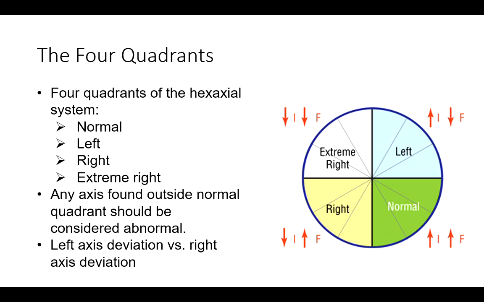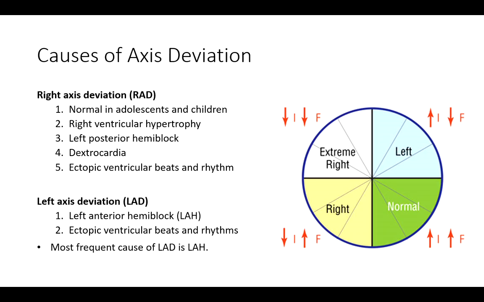We have deviation, and we would call this right axis deviation or left axis deviation, or in some cases extreme right axis deviation. These all give us different indications of what's going on with the electrical system in the heart.